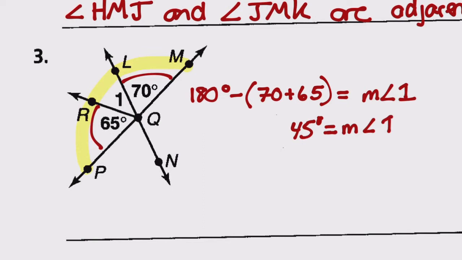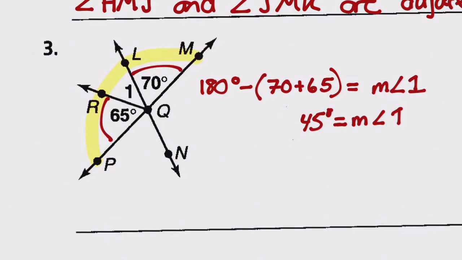Okay, we need to find a pair of vertical angles. This is not as easy in this diagram, because there are so many different lines radiating out from point Q. Erica, you want to take a stab at it? Let me get it written down here. You're saying angle LQM and what other angle?